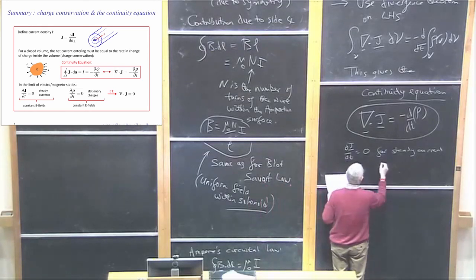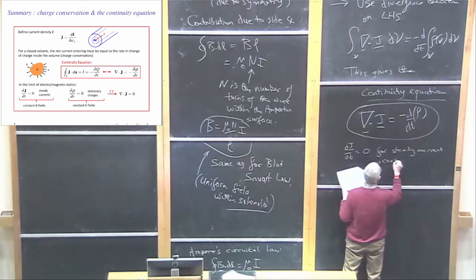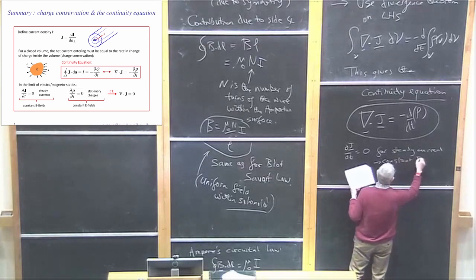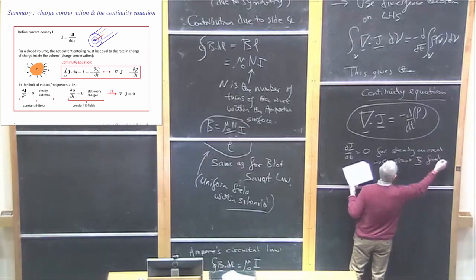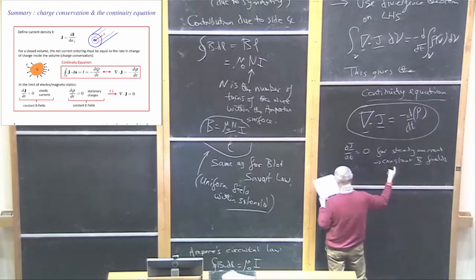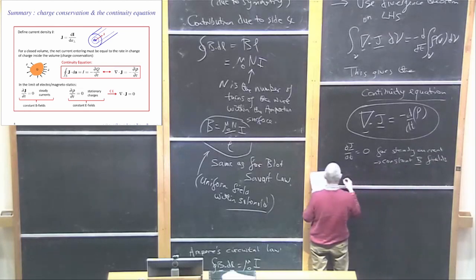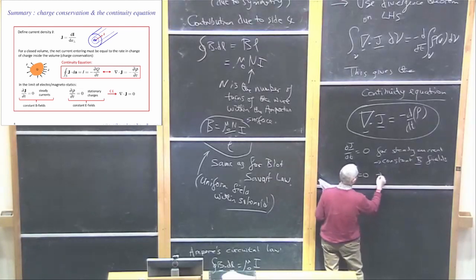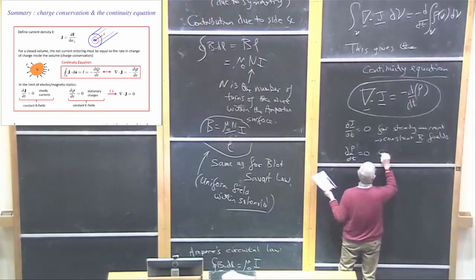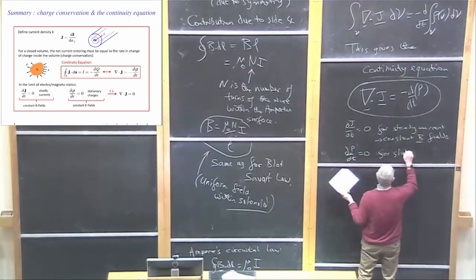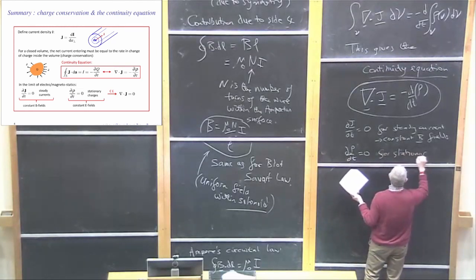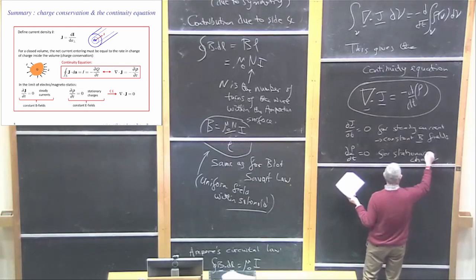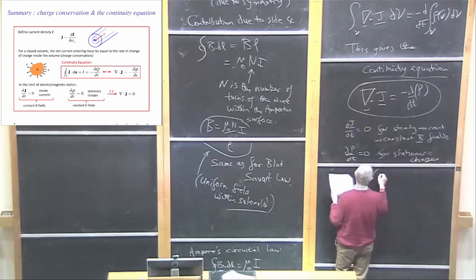So this gives constant B fields. The B fields don't time vary. Similarly, d rho by dt is naught. This is for stationary charges, which means constant E fields.